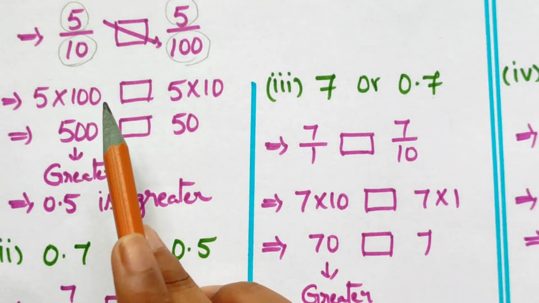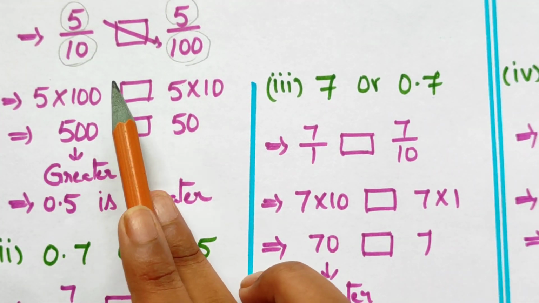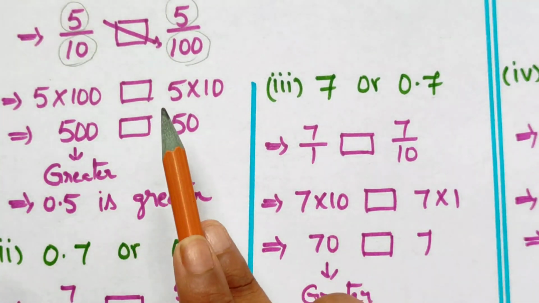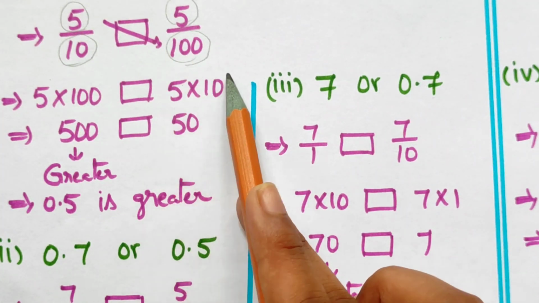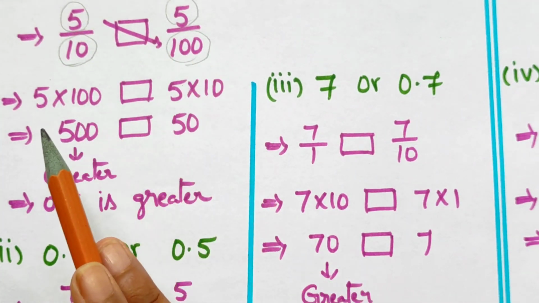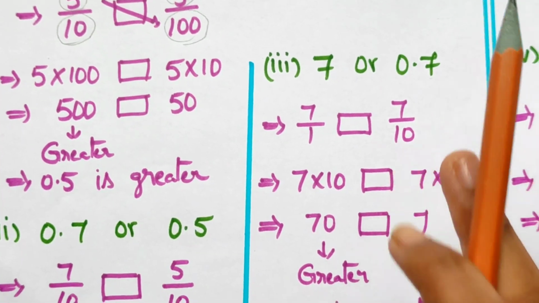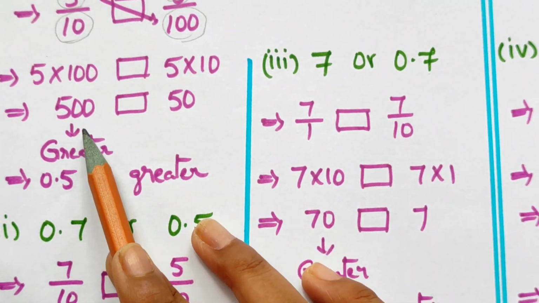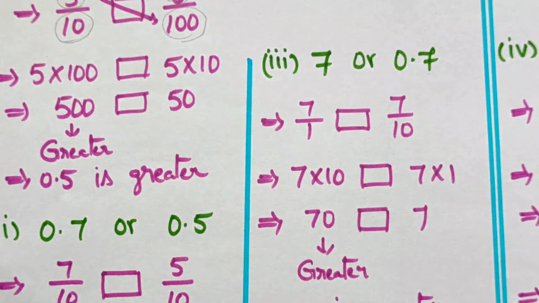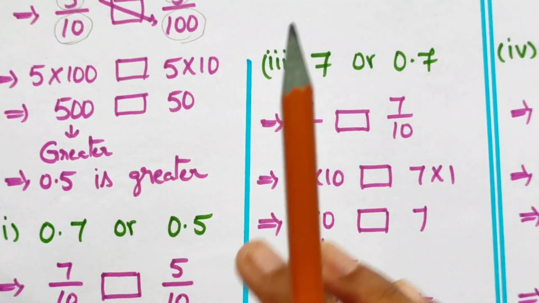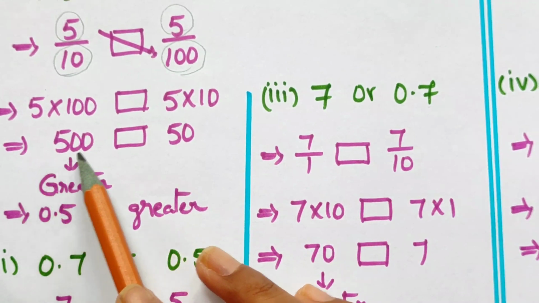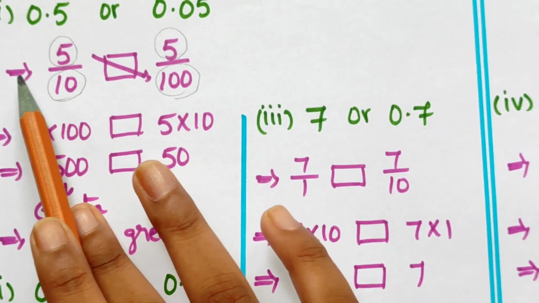5 into 100 is 500, and 5 into 10 is 50. So 500, a blank, then 50. Clearly 500 is greater than 50. Let us go back.